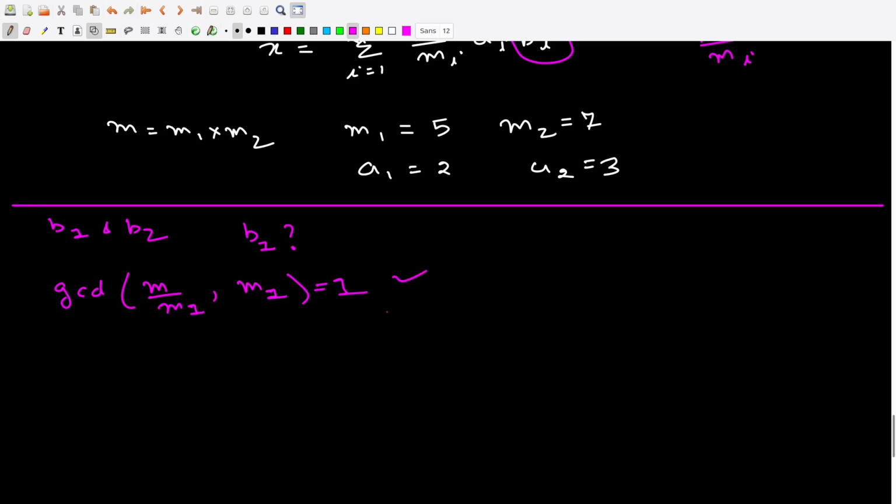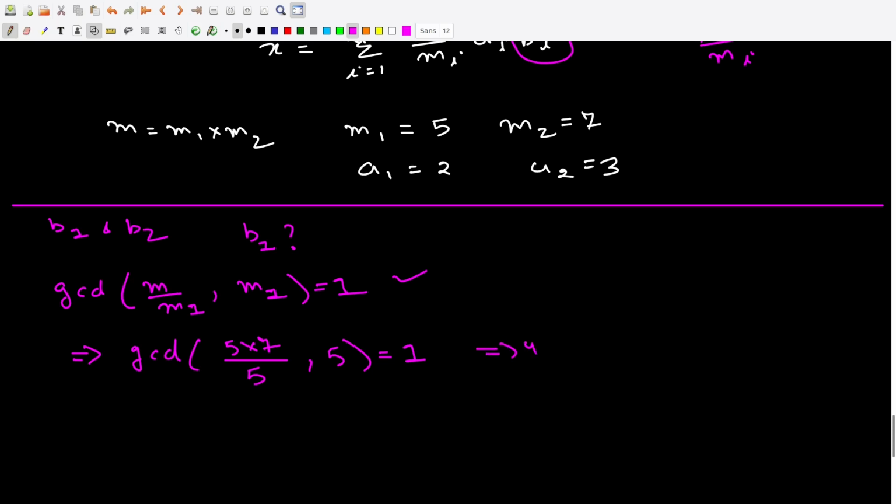For now we will just assume that this is 1, so let us rewrite it. M is basically 5 into 7 divided by 5, comma 5, equals 1.